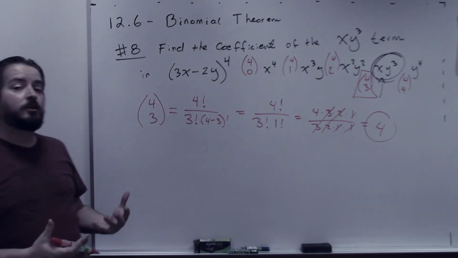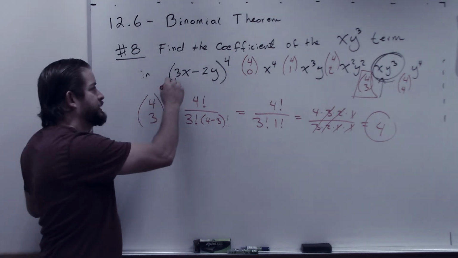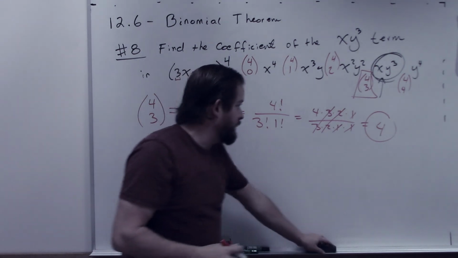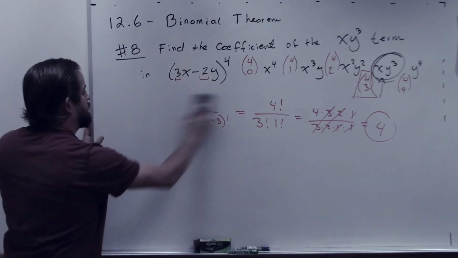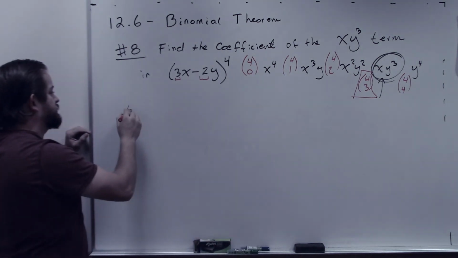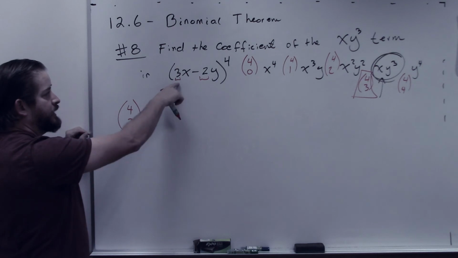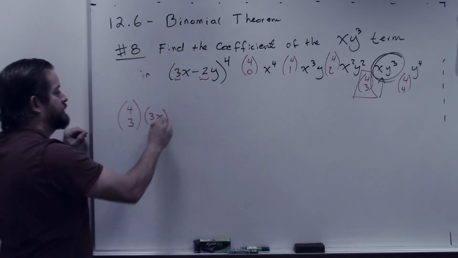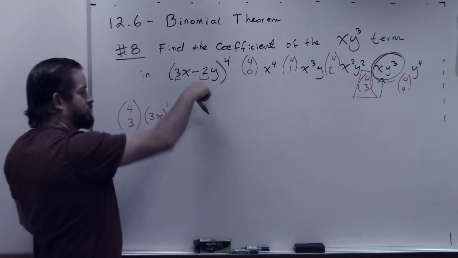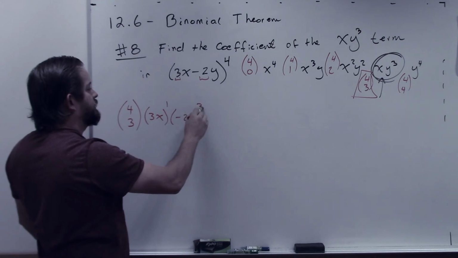So 4 is my binomial coefficient, but that's not the coefficient in the end of this thing because I have this 3 and this 2 hanging out, right? So in the end, my number should be that 4 choose 3, the binomial coefficient, multiplied by this 3x, the whole term raised to the first power, and then the whole term negative 2y raised to the third, right?